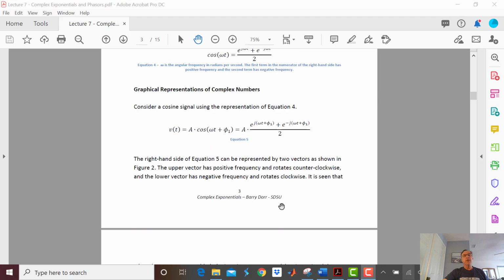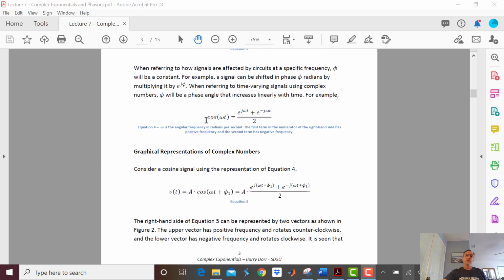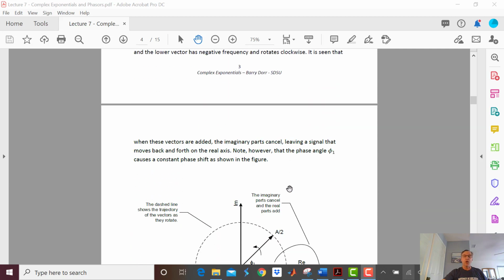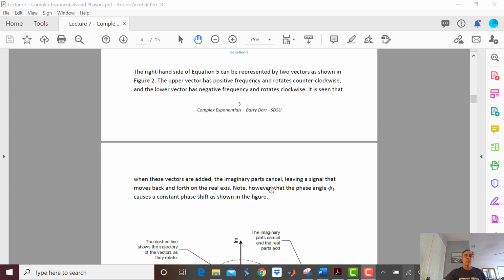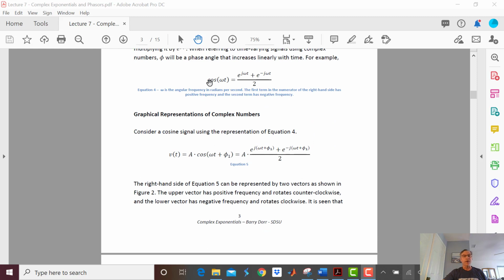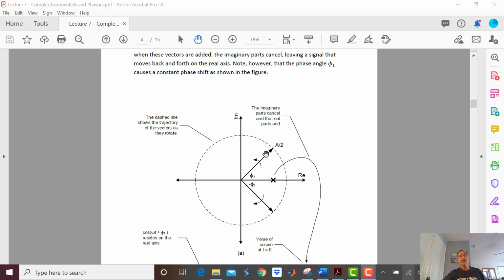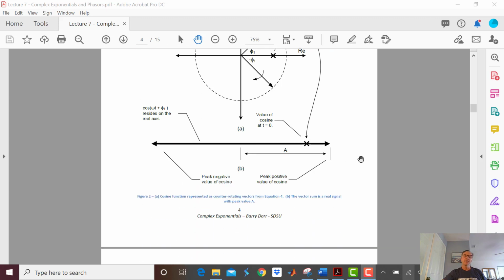So let's back up. We started off with a cosine. We turned it into two complex counter-rotating vectors, and then we showed what they look like, and then we added them up, and we said, of course, the result is going to be real, but we could see that it's real because these imaginary parts canceled out.